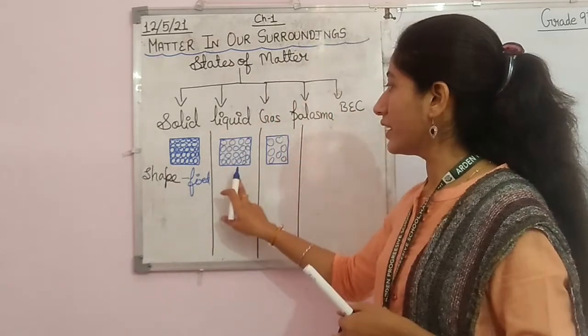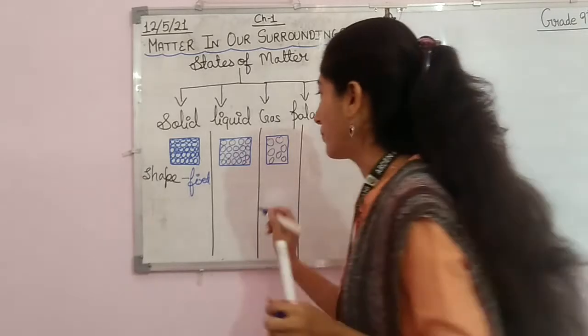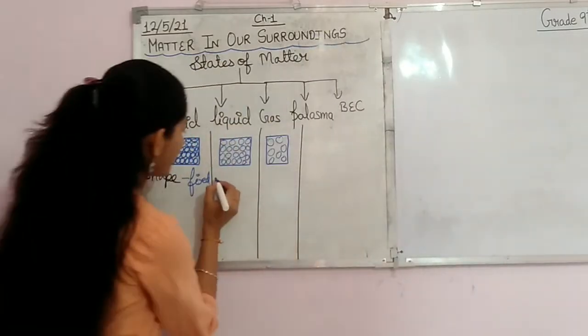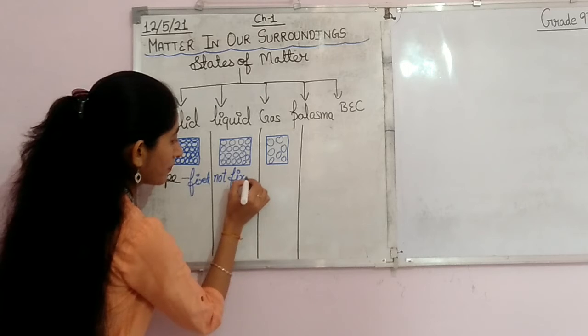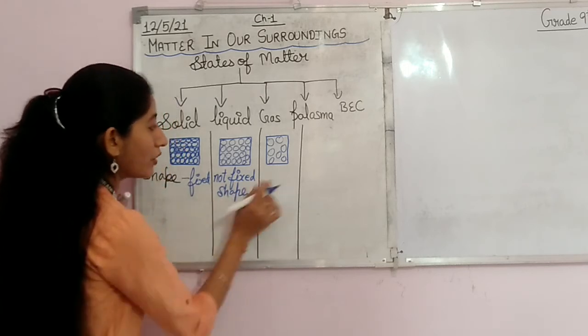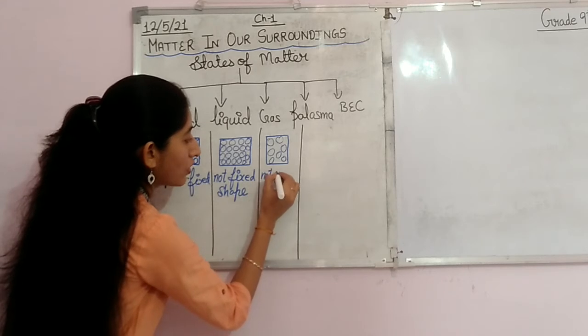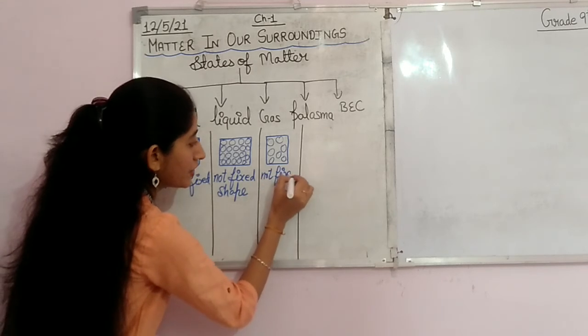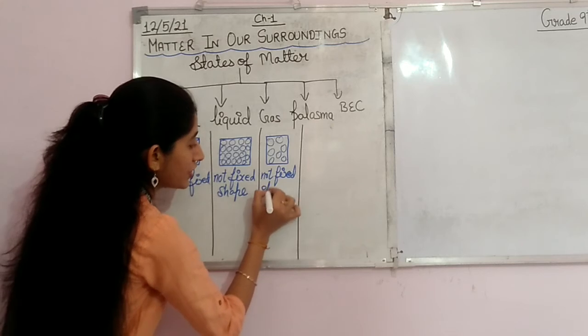When we talk about liquids, they do not have fixed shape. So we can write here: not fixed shape. When we talk about gas, they also do not have fixed shape. Not fixed shape, F-I-X-E-D.